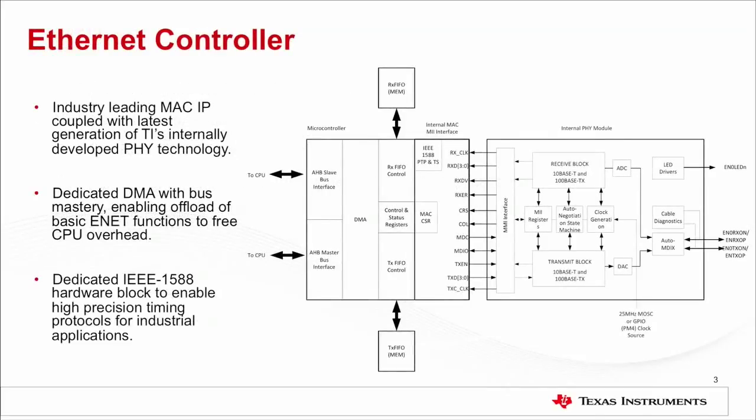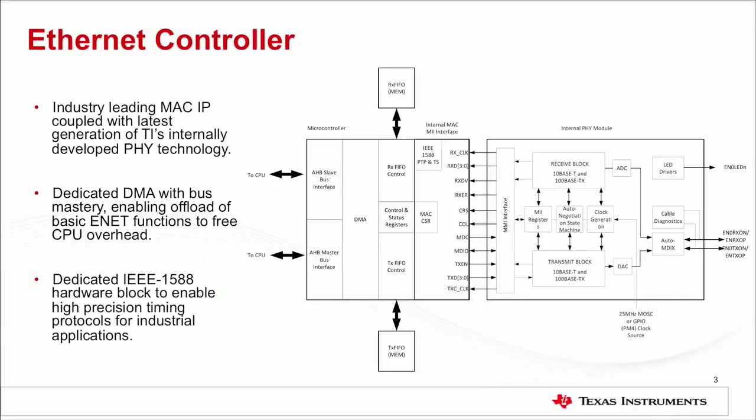To start things off, let's take a quick look at the diagram on the right. The Ethernet controller is an all new, monolithic implementation which consists of an industry-leading third-party MAC IP which has been coupled with TI's latest generation PHY technology. The Ethernet controller also features a fully integrated PHY with MMI bus.